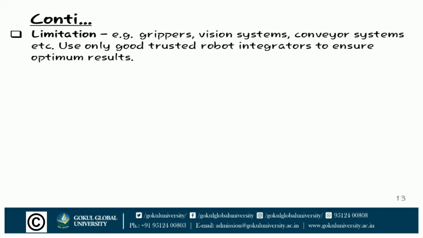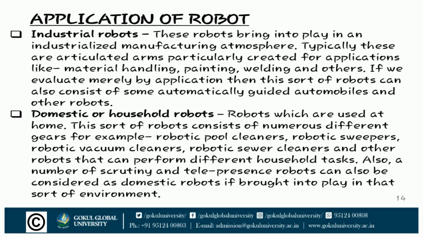Now the next topic is the applications of robots. On the industrial side, we see the most benefit for industry from robots. These robots are brought into play in an industrialized manufacturing atmosphere.